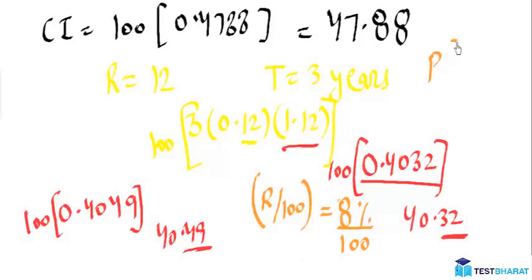I'll write it as principal into 3 times 0.08, since 3 is easier to remember because my time period is 3 years, and this is my R by 100, and this is 1.08.